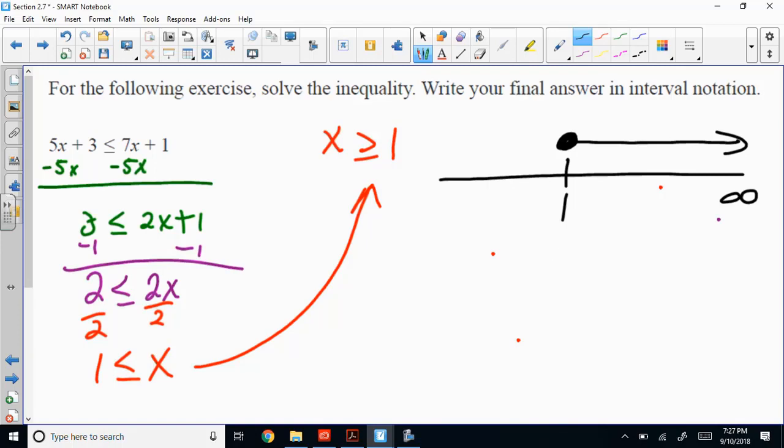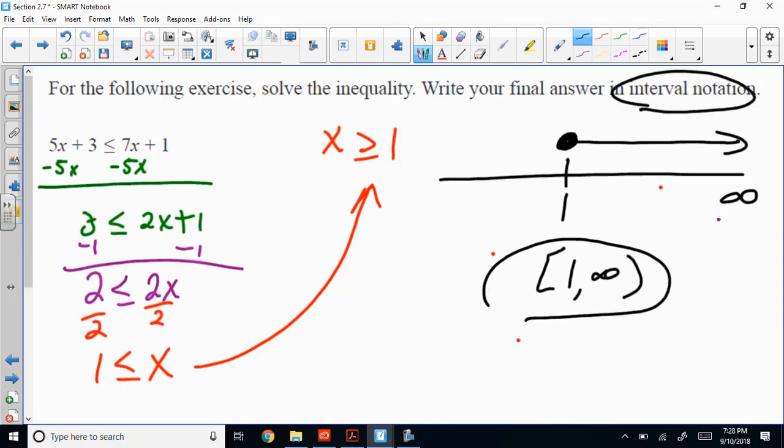Infinity. Ladies and gentlemen, 1 comma what? Infinity. X is greater than or equal to what? 1. So that's why 1 is included. Right there, because it's in interval notation.